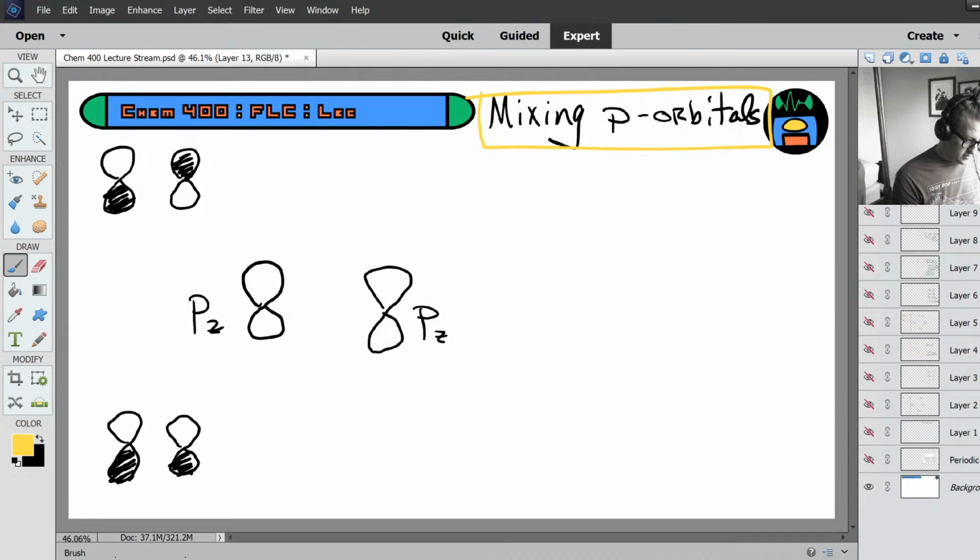This is constructive. Here we have constructive orbital overlap. And here, when they're out of phase, this is destructive.